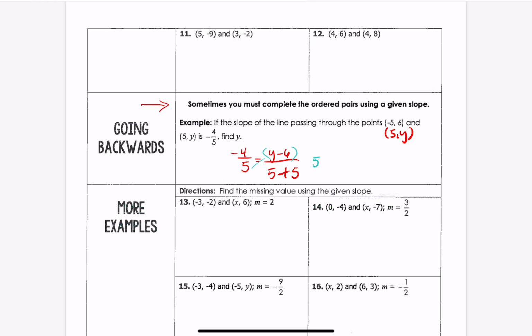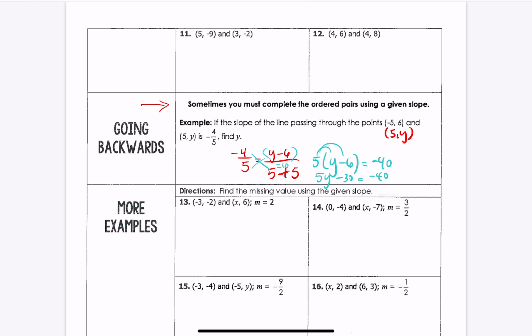So I have 5 times y minus 6 equals, and then I'm going to multiply this. I know that this equals 10, so it's going to be -4 times 10 equals -40, and now I've got an equation to solve. So I'm going to get rid of my parentheses and do 5y minus 30 equals -40.